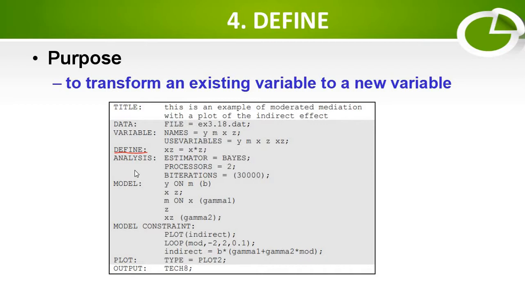You simply type define colon, then give a name to your interaction variable, equal to, here put the first variable, then the sign of multiplication, that's star, then the name of the second variable, then put semicolon. Remember, put here the exact names which are mentioned in your dataset. Otherwise, analysis will not run. Also, don't forget to put a semicolon at the end of the command.